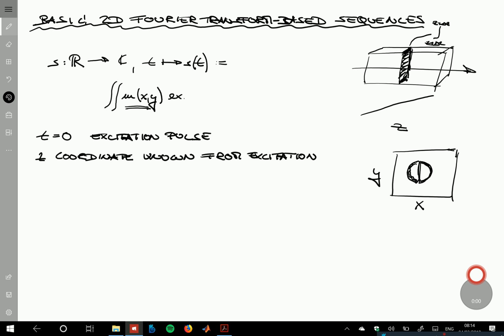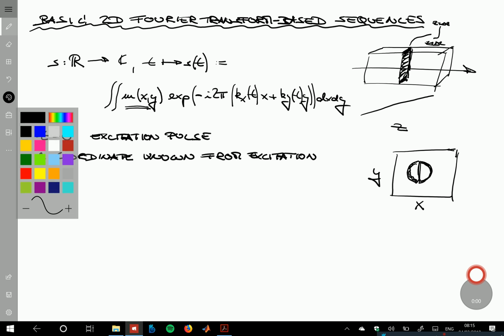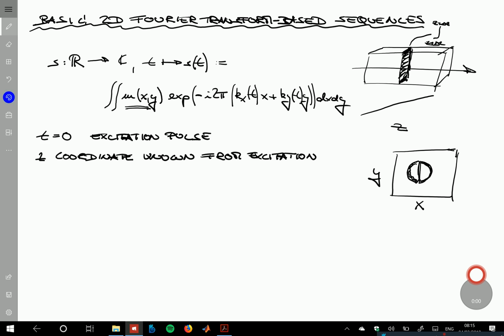And then we've seen that the MR signal equation has as its second factor this thing here, which describes two things at the same time.